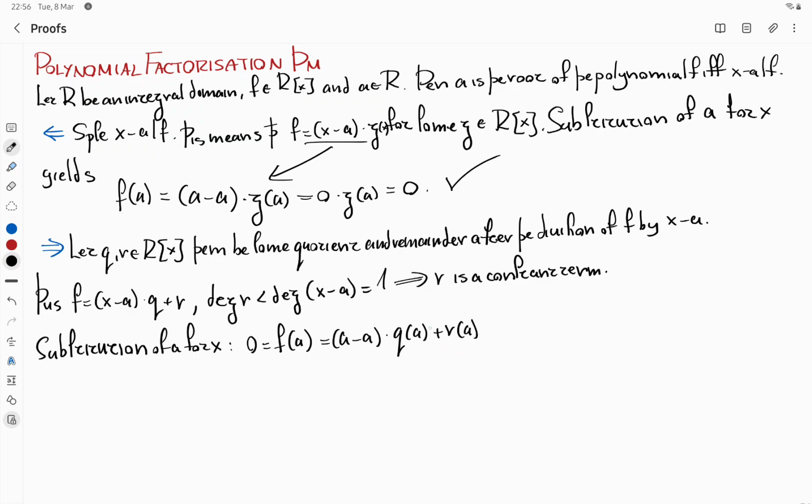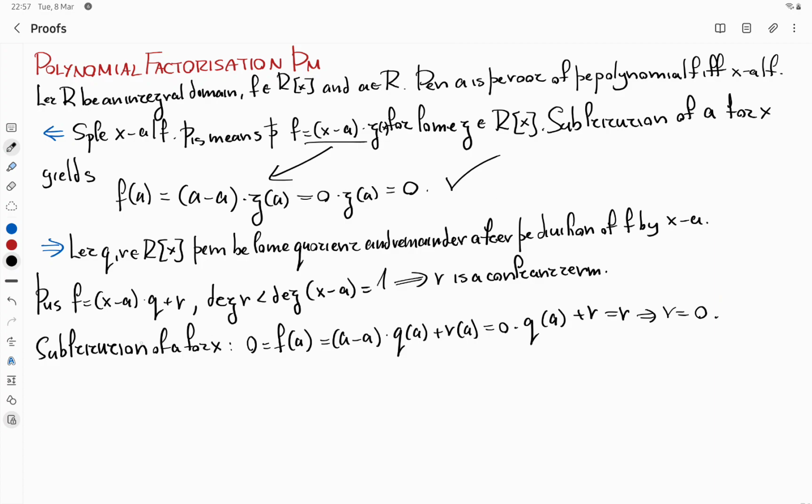After the substitution, of course, this is equal to 0 times q(a) plus r(a). But r is a constant term, so just r. And this is r, right? In other words, r is 0.